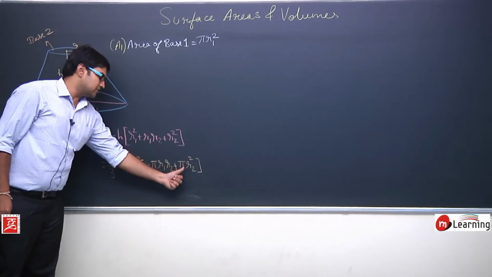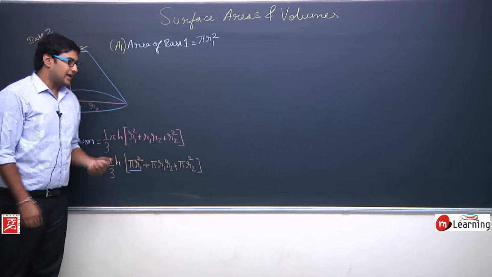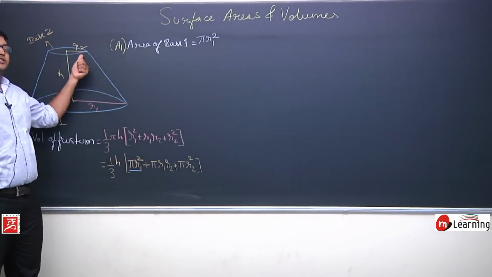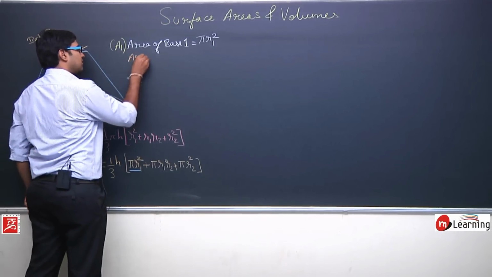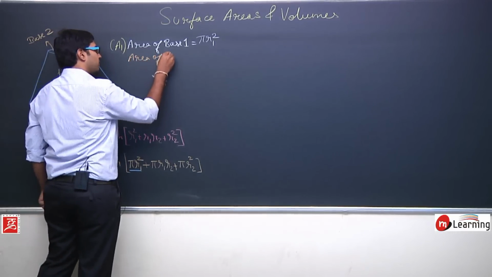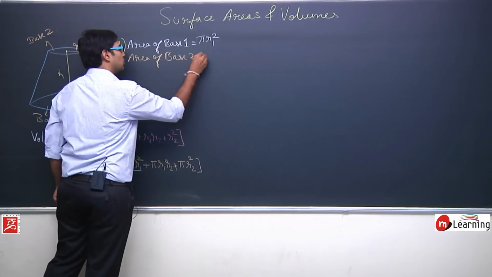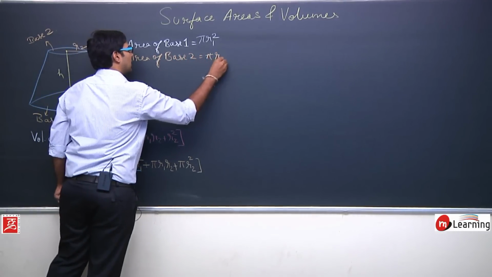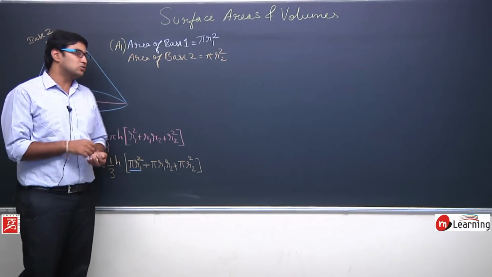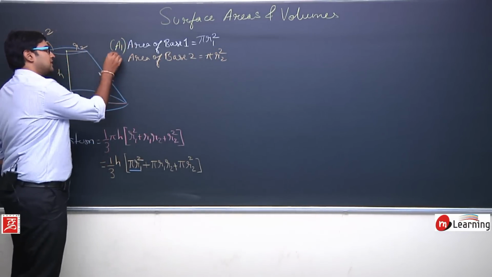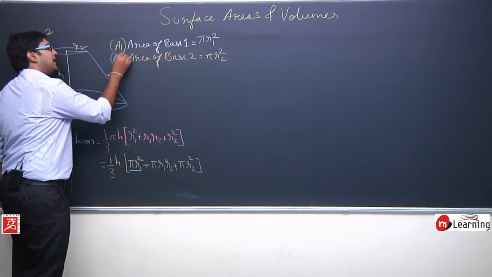Similarly, if I observe this pi r2 square, again r2 is the radius of this base. So the area of base 2 is pi r2 square, and let us represent it by a2.